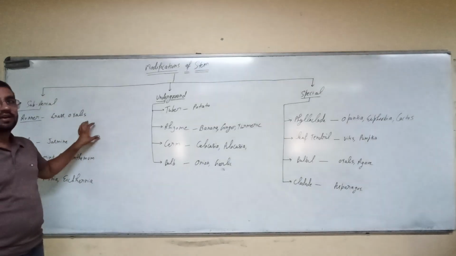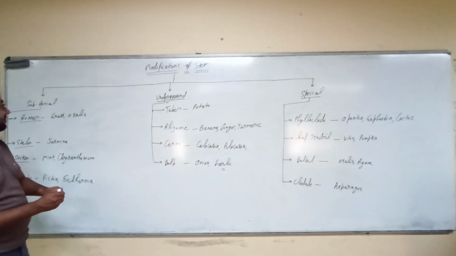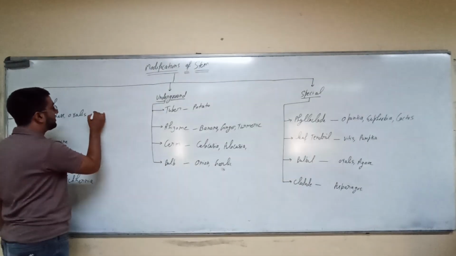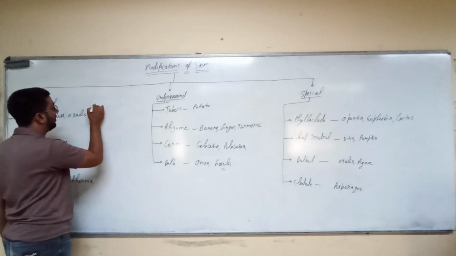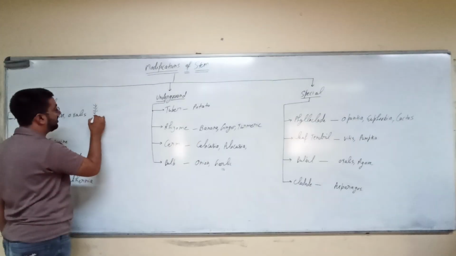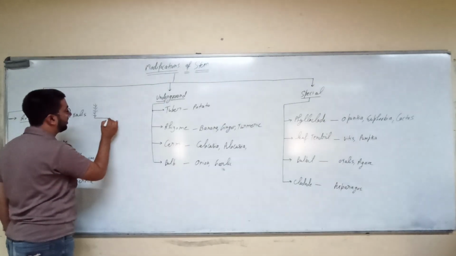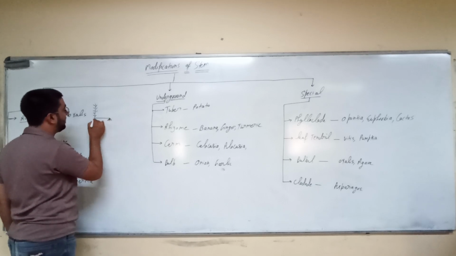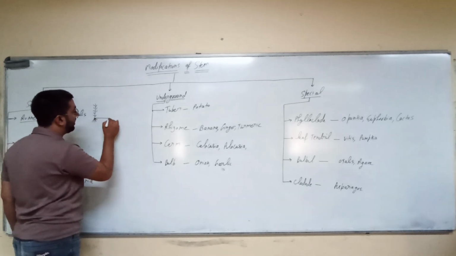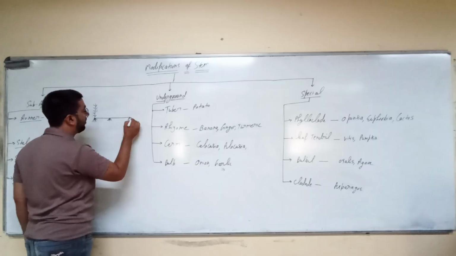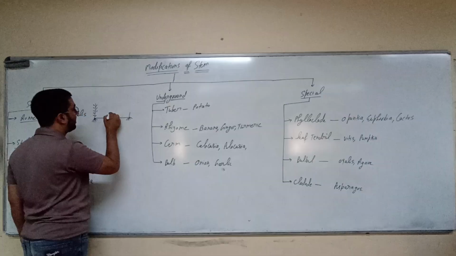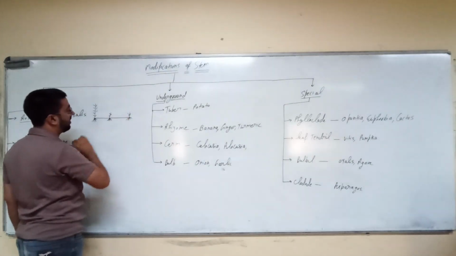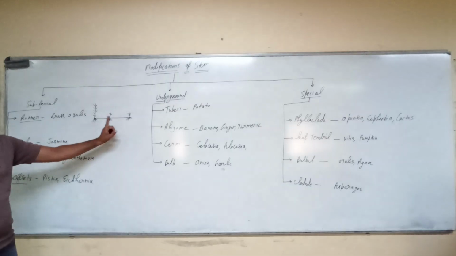Like that, this is a plant and this is a runner. Again a second plant starts to grow, and this is again a node, and the third plant starts to grow. This portion is known as runner.